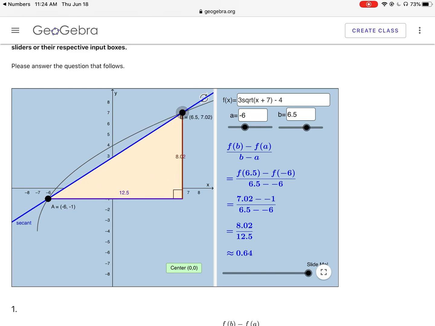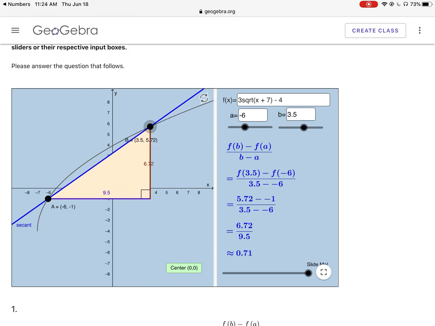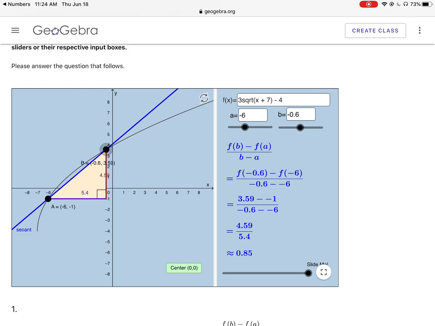So if I move point B outward, I no longer have the same average rate of change. It's actually getting a little smaller in value. That's because the steepness of the line that's passing through points A and B is getting less steep. Now if I bring these closer, that line's getting a little steeper, so you can see that the average rate of change is increasing.